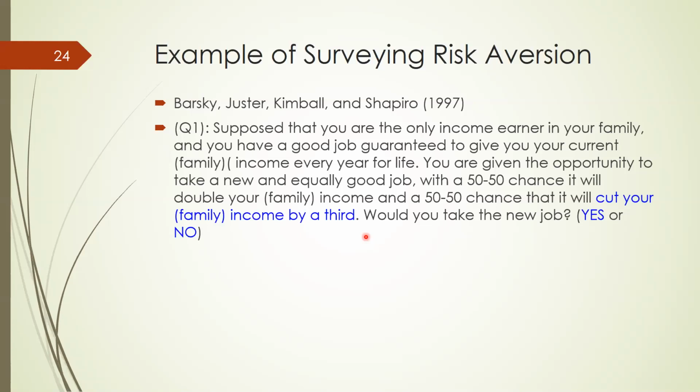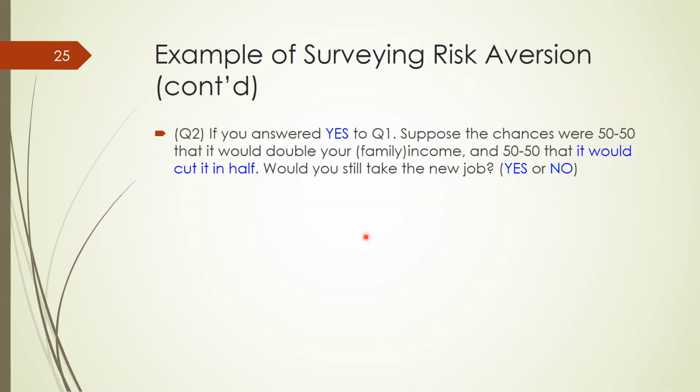If your answer is yes to this question, you would answer question 2. In this case, you are choosing between keeping the job, which is for sure, or a chance to double it with 50-50 chance or 50-50 chance you cut it in half. Would you take the job or not?